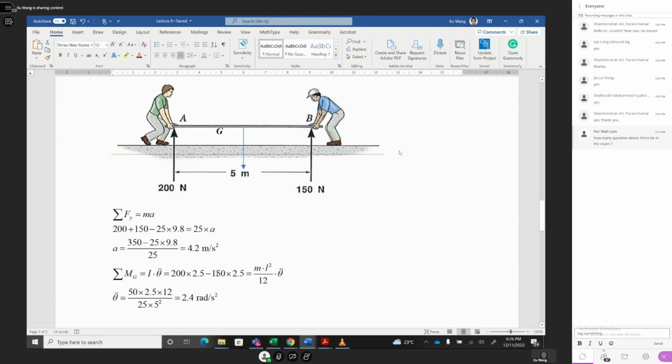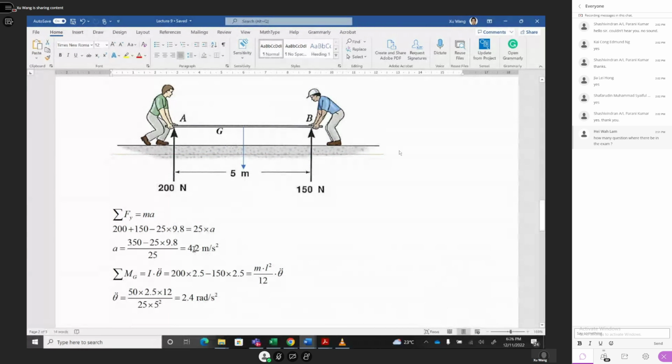From this you can take the 2.5 out. 200 minus 150 becomes 50. 50 times 2.5, then multiply by 12 and divide by m L squared. M is 25, L is 5, and you can calculate theta double dot equal to 2.5. That's how you get the result.